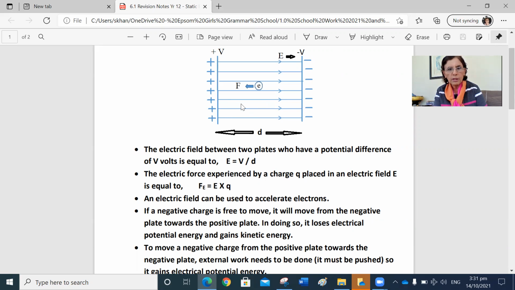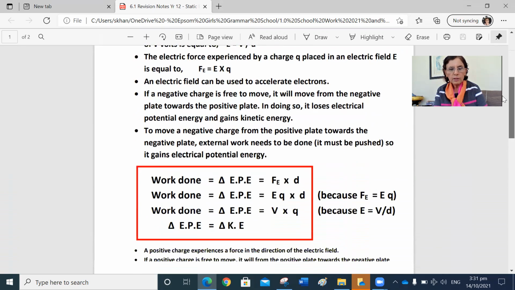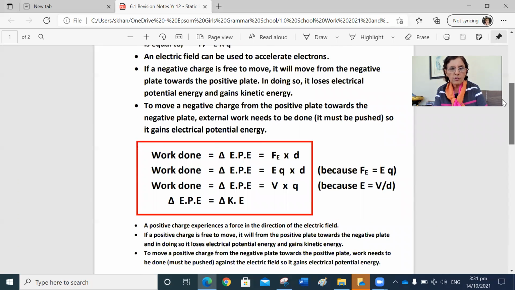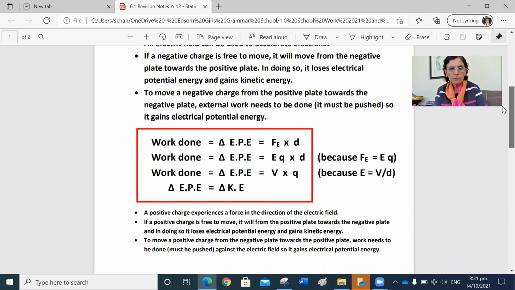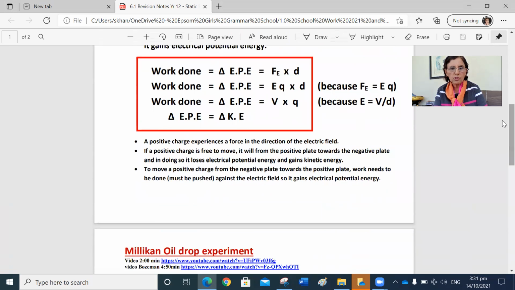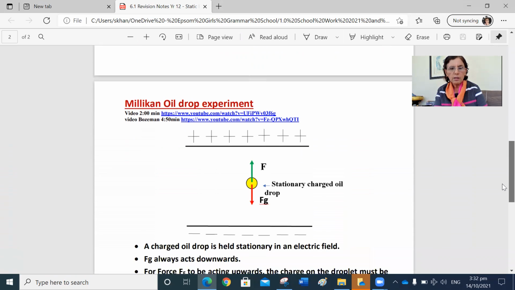In the opposite direction, the positive charge's electrical potential energy will change into kinetic energy. From the law of conservation of energy, all that energy is changed from electrical potential into kinetic, or vice versa.